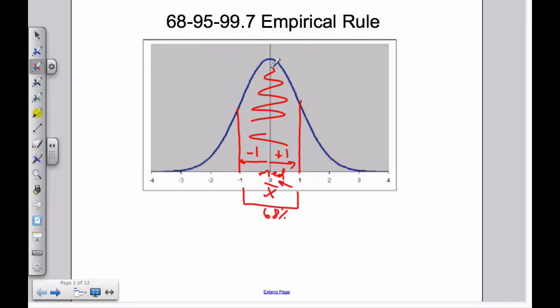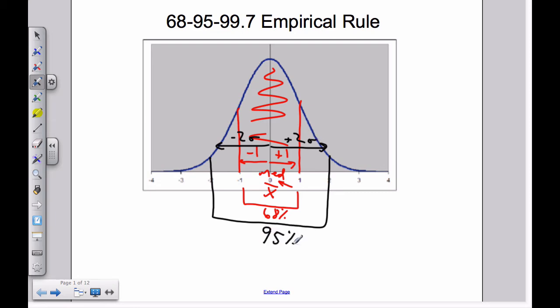If I go out 2 standard deviations either side of the mean, this time I'm going to add 2 and subtract 2 standard deviations. That's where 95% of our data should fall if we're talking about a good bell curve.